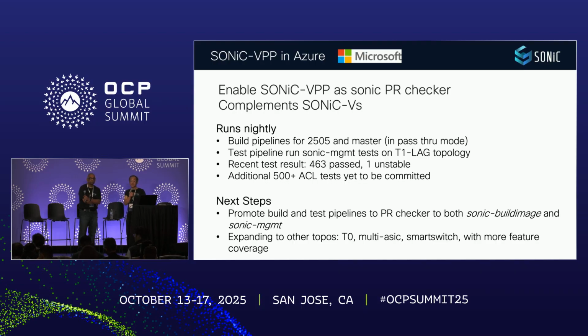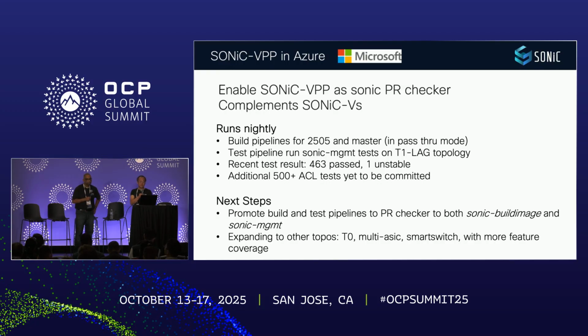So some code paths are not covered. Actually, recently we debugged a test failure in SONiC-VPP and discovered a bug in the SonicMgmt test, which is in this uncovered code path. If SONiC-VPP had been enabled as a PR checker earlier, it would have caught this issue.